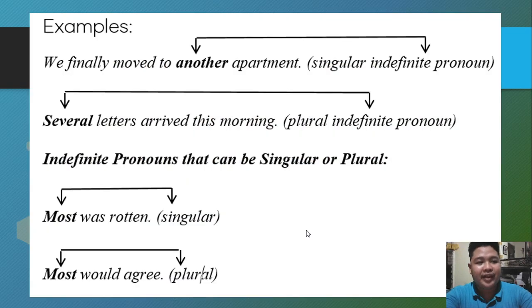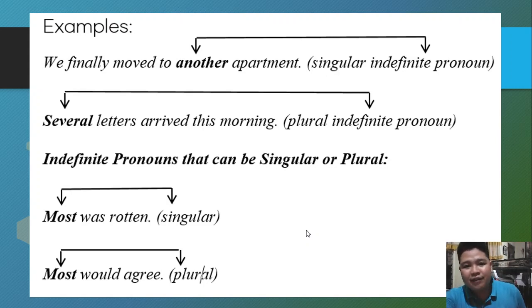So here, examples. First, we finally moved to another apartment. So when you say "another," again, it functions as a singular indefinite pronoun. Okay, next. Several letters arrived this morning.